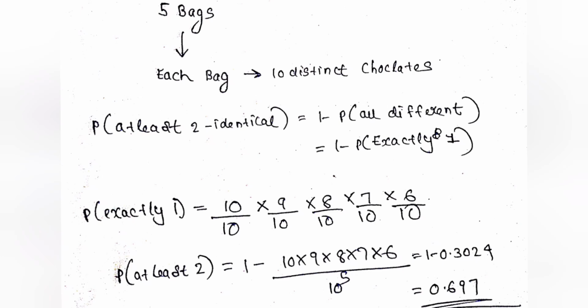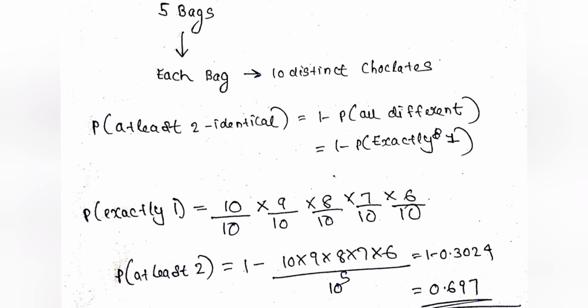Since I'm taking 5 chocolates from only 10 types, if everything is different, I'm subtracting it from the total, and the least possible number of identical ones starts from 2.